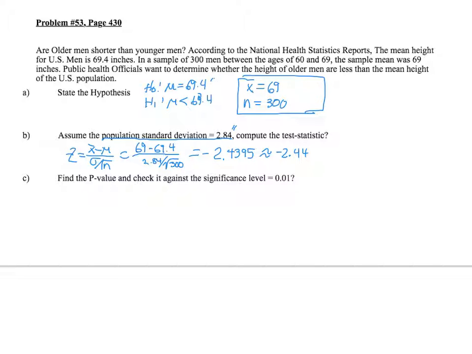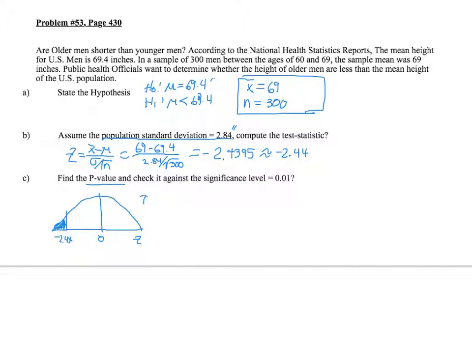So now this is a one-tailed test. I have to find the p-value. So that's the next step, is to find the p-value. And to do that by hand, here is 0 and negative 2.44 is on this side. So we're looking for this area under the standard normal curve.